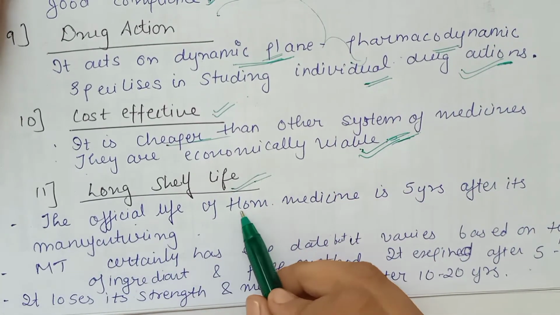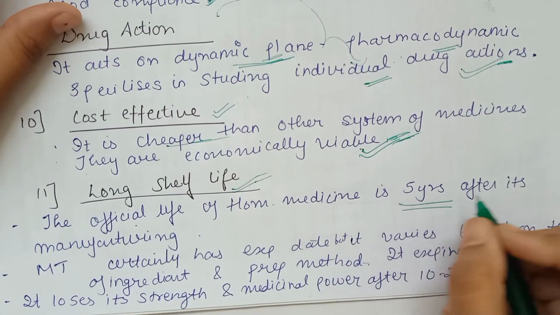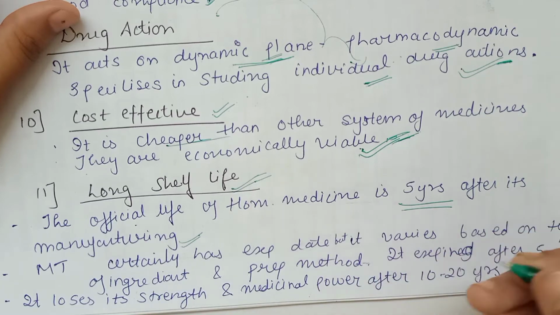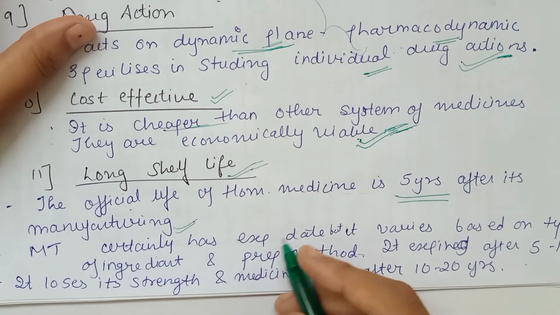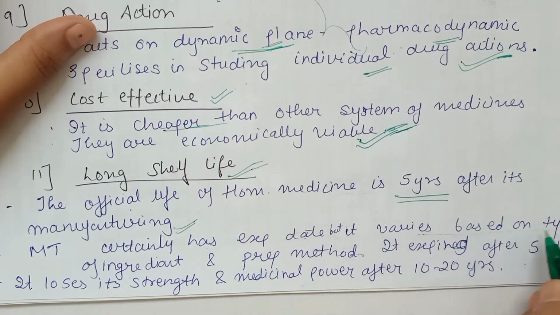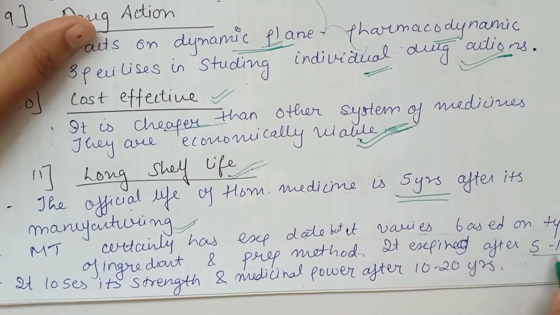The official life of homeopathic medicine is 5 years after its manufacturing. बनने के बाद we can use it for 5 साल तक. Mother tincture certainly has an expiry date, but it varies based on the type of ingredient and preparation method. It expires after 5 to 10 years.